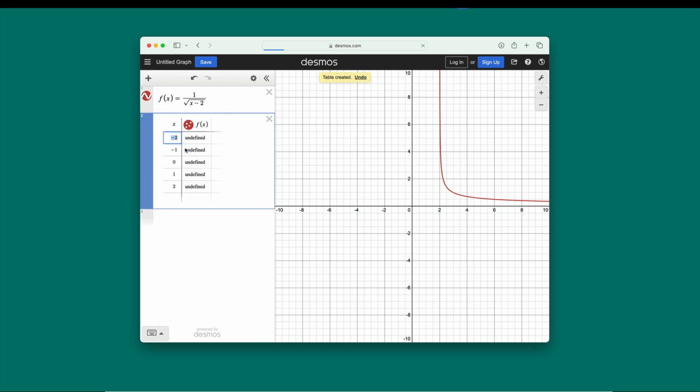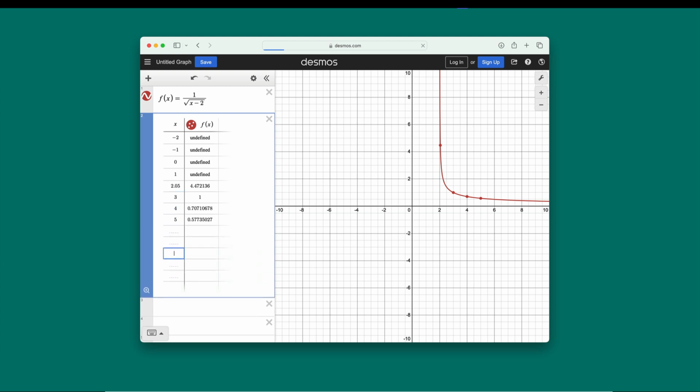So you can see it's undefined at 2, but then after 2, say 3, then 4. In fact, it's undefined at 2, but we know that it will make sense for values like 2.1 or 2.05, so we're generating intermediate values here.